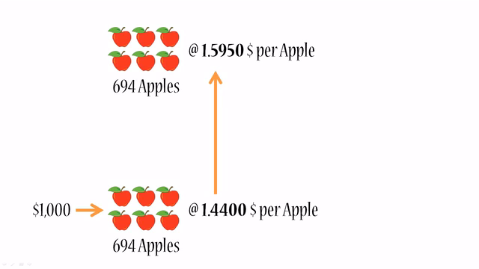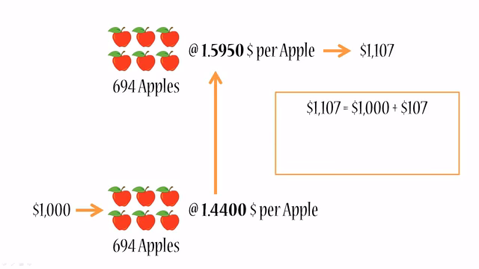What he did with these apples next is he sold them at the new price. And in return, he got $1,107. So as you can see, he started with $1,000 and now he has $1,107. So if we break this final amount up, we can see that $1,000 is the starting amount on his account, and $107 is the profit that he made.